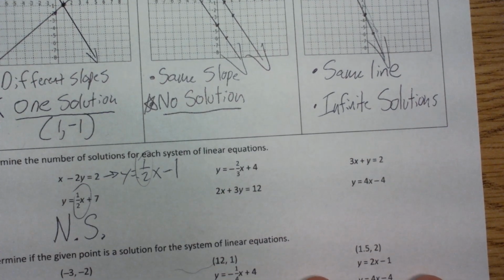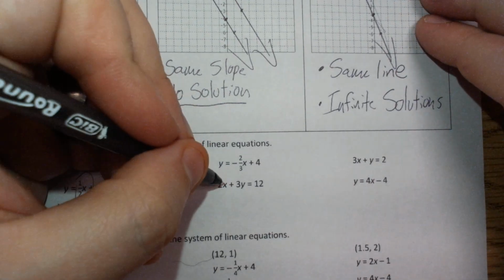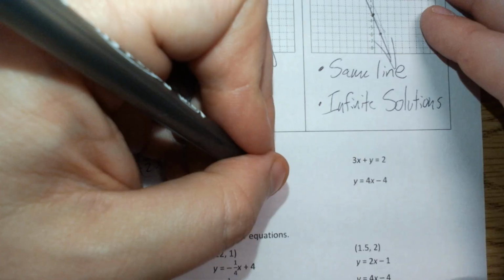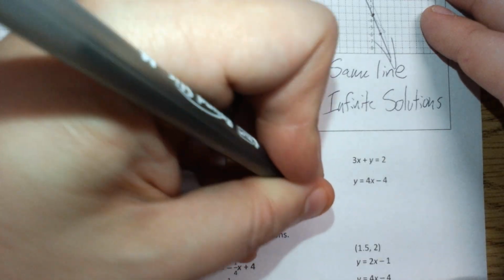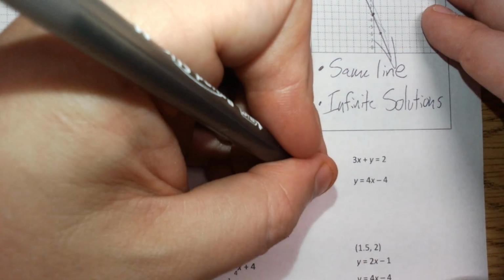Okay, on the next one, we've got negative 2/3 plus 4, and just for time's sake, we should know how to change this around. We get y equals, for this one, negative 2/3 x plus 4.